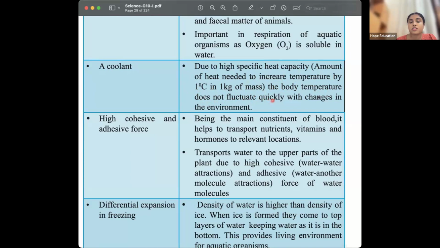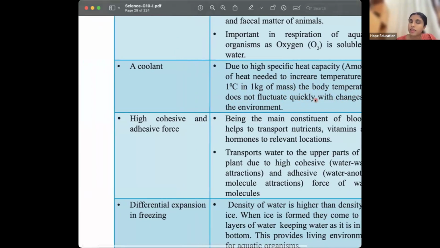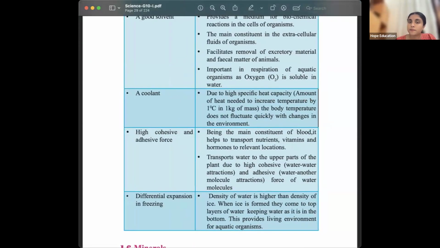The body temperature does not fluctuate quickly with changes in the environment. That means, now when you take water, water has a good heat capacity.